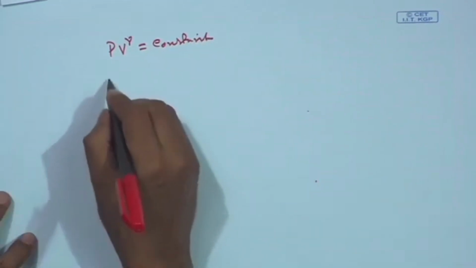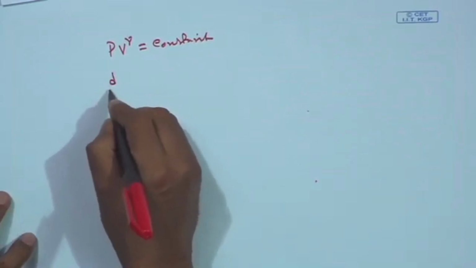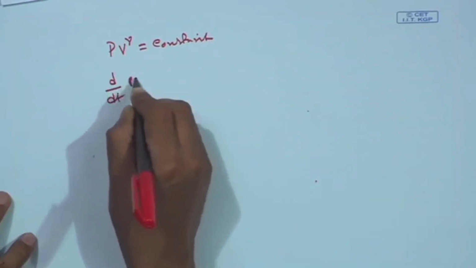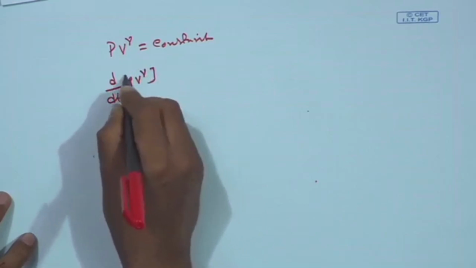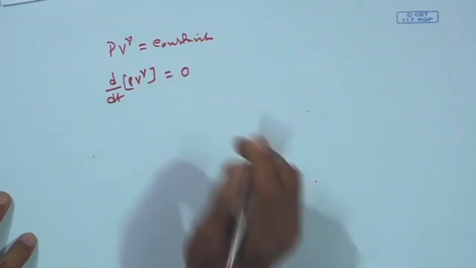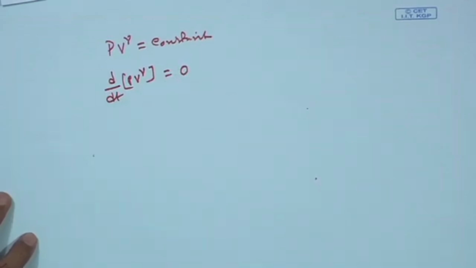If I take the derivative with respect to t, d by dt of P V to the power gamma is equal to 0.